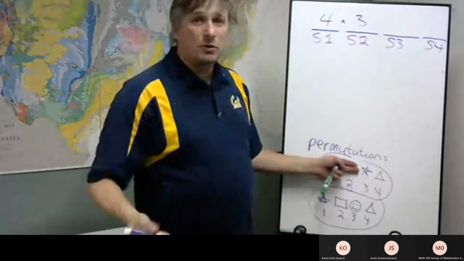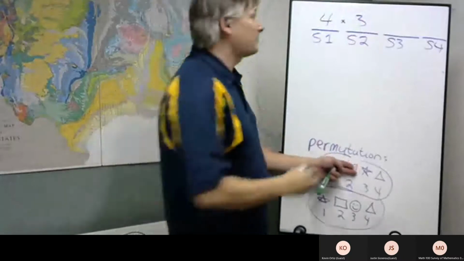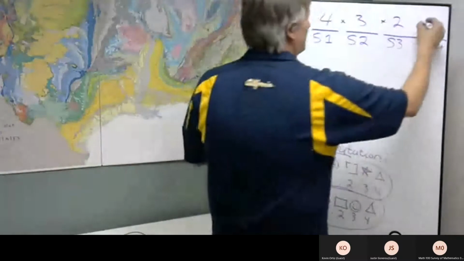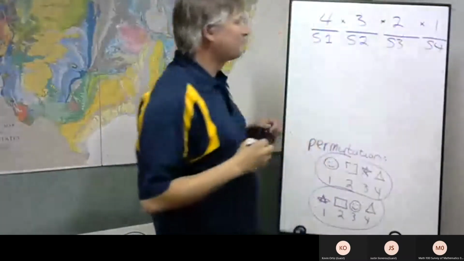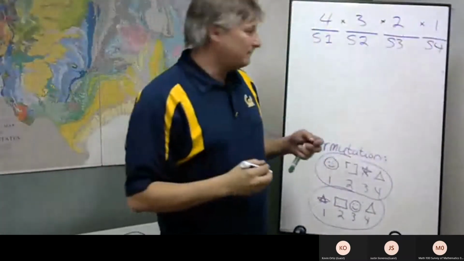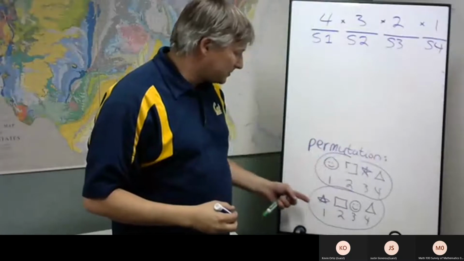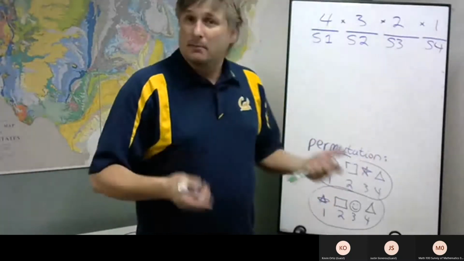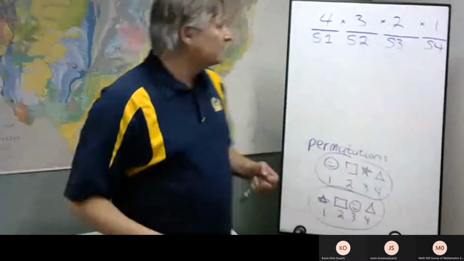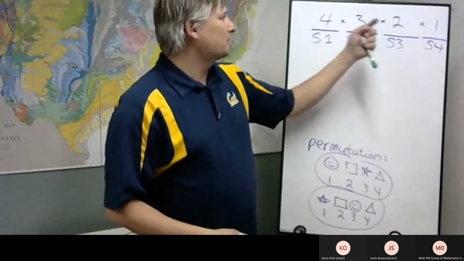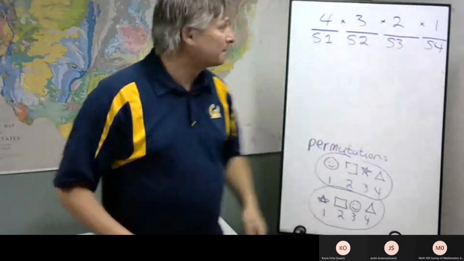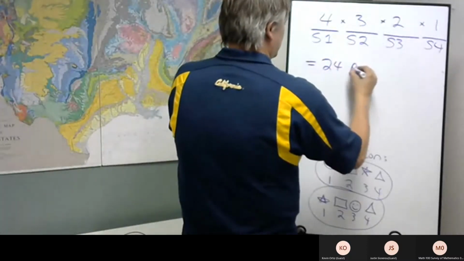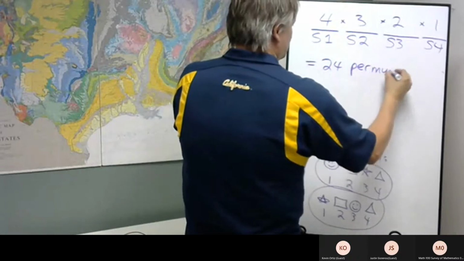Well, now we have 2 objects for the third object. And there's just 1 for the last object. So the number of permutations, the number of different orders we can come up with, will be 4 times 3 times 2 times 1, or 24 permutations.